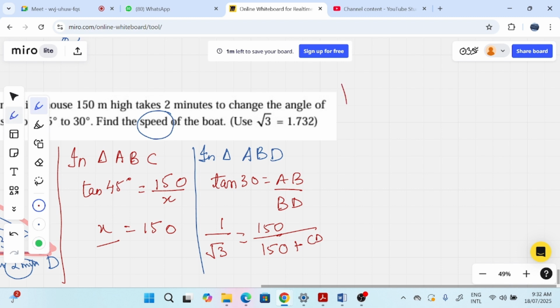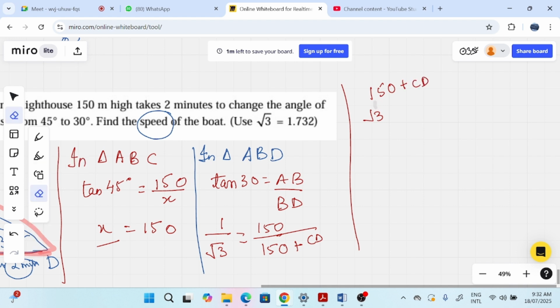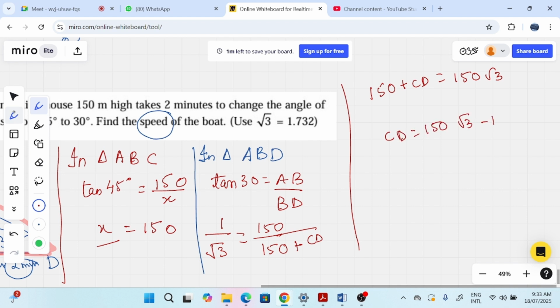So, 1 by root 3 equals 150 by BD, so 150 plus CD is equal to 150 root 3. That means CD is equal to 150 root 3 minus 150. 150 is common, root 3 minus 1. That is your CD.